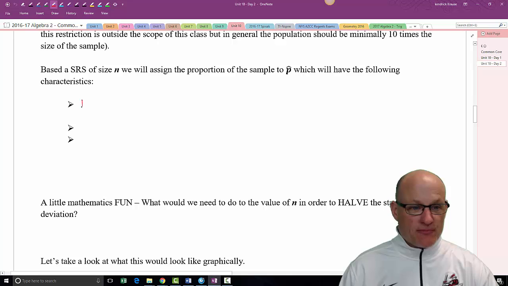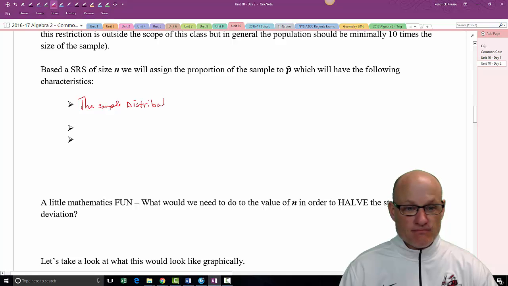The sampling distribution of p hat. So what's this thing going to look like?